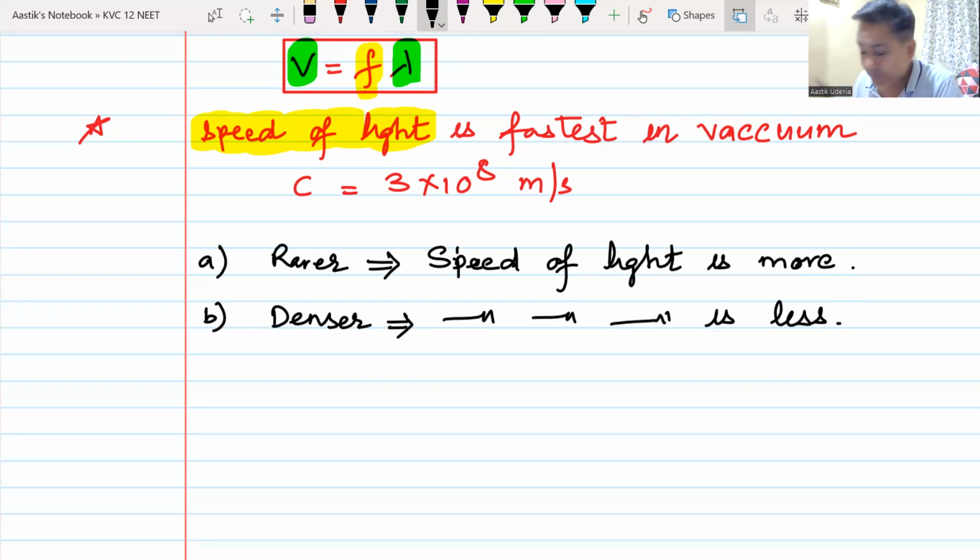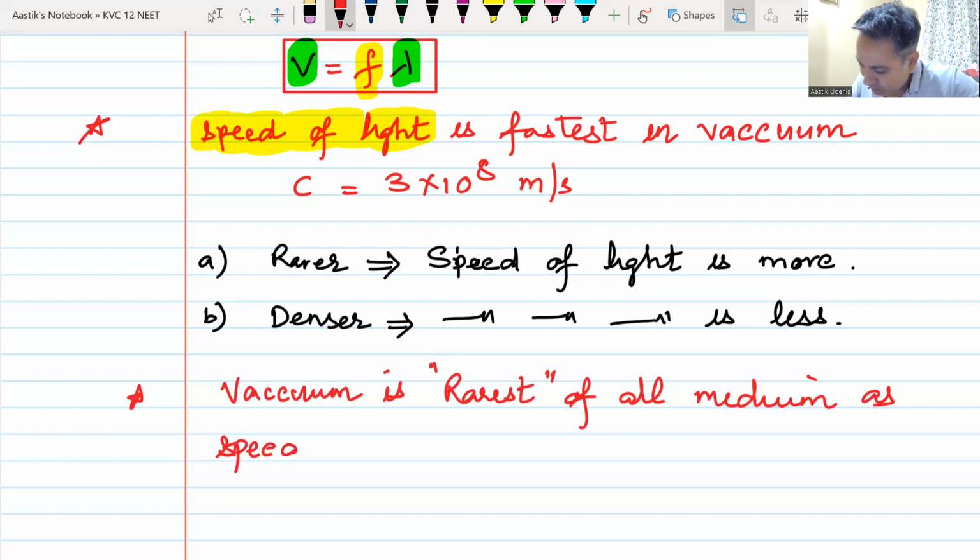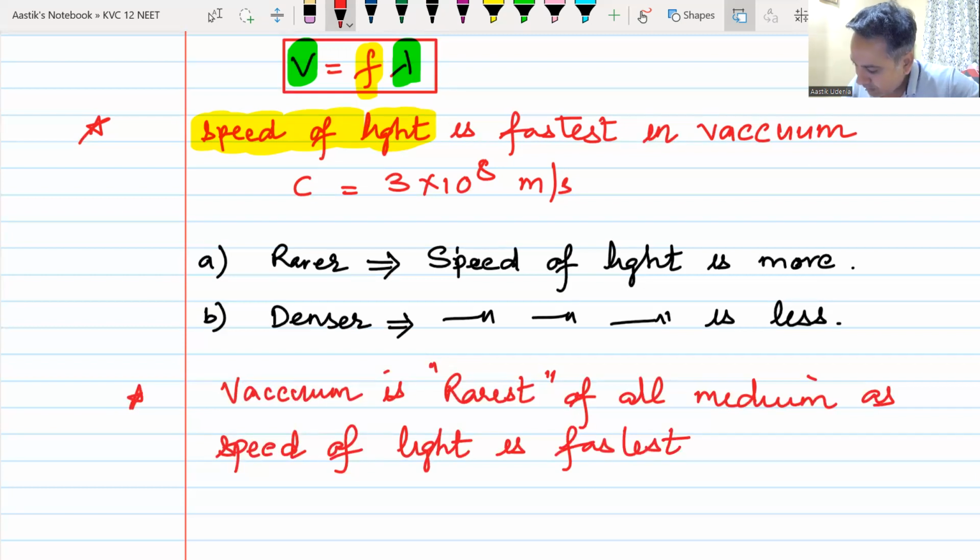Now, which is the rarest of all mediums? Vacuum. Why? Because speed of light is fastest in vacuum, and therefore vacuum becomes my rarest medium.